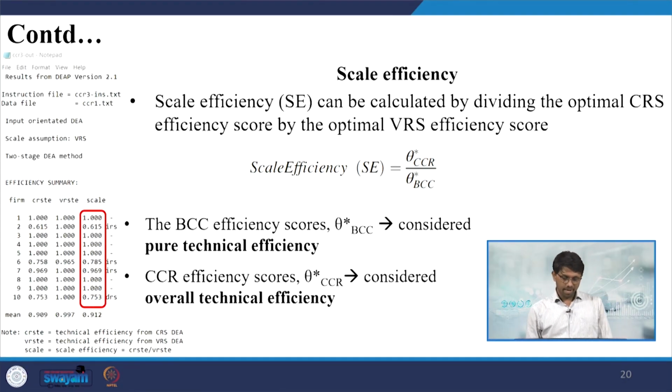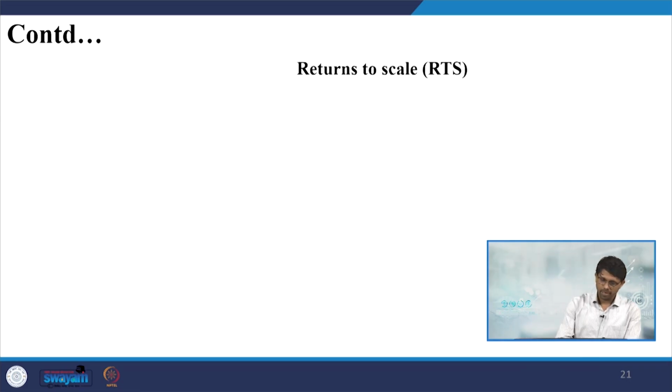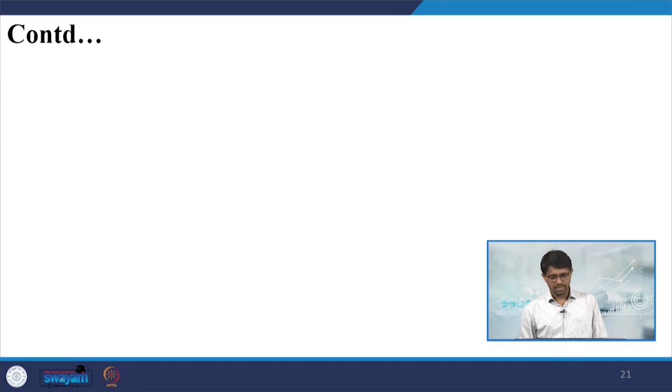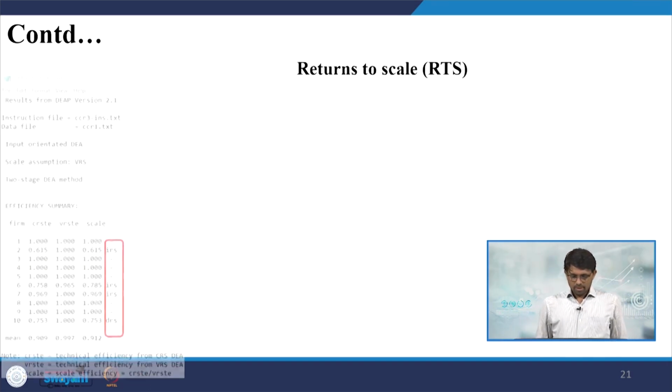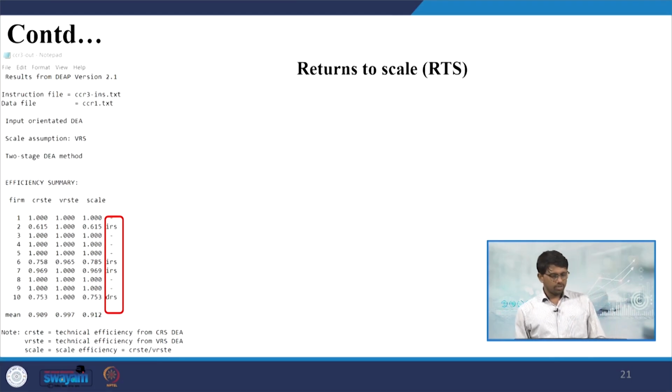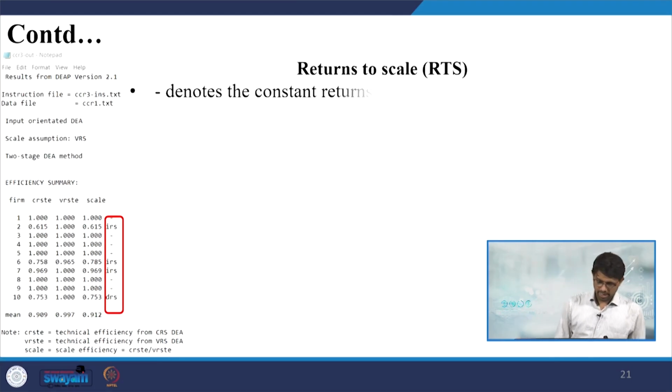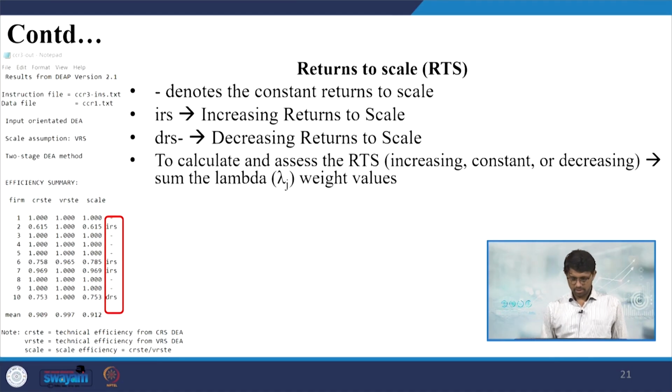So, the BCC efficiency score, mentioned as theta BCC star, is considered the pure technical efficiency, as I already mentioned, whereas CCR is called technical efficiency or overall technical efficiency. That is also represented as theta CCR. Returns to scale, the last column, as I already clarified, I need not emphasize much.